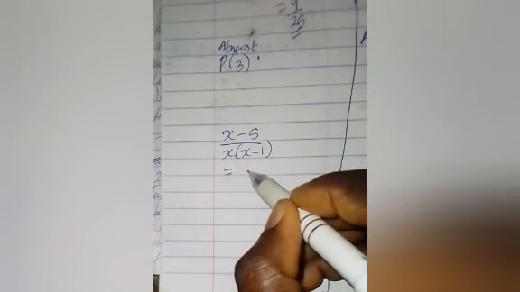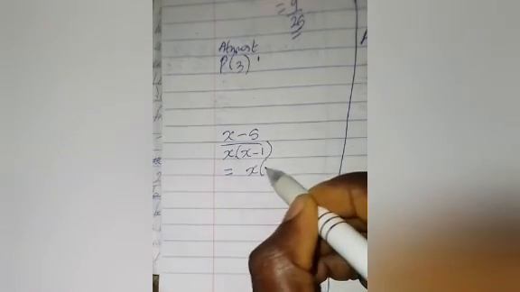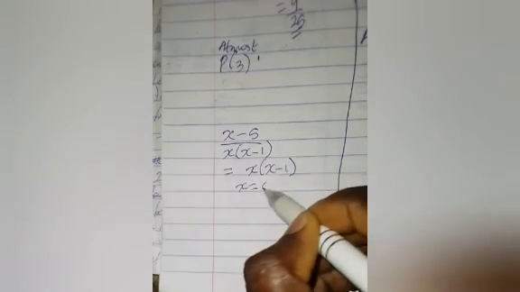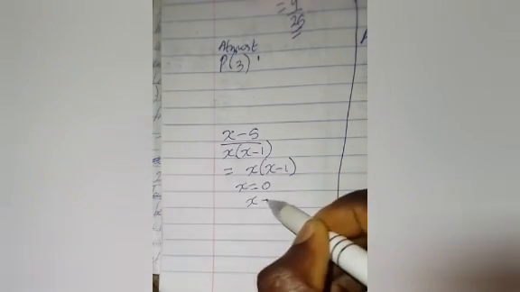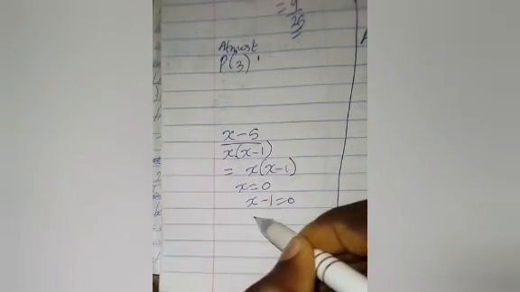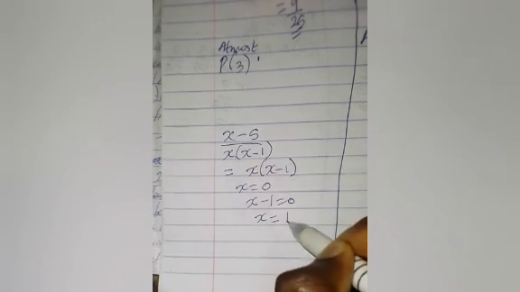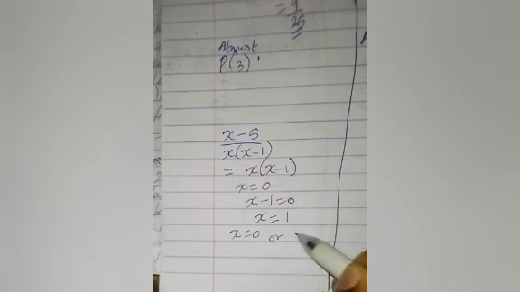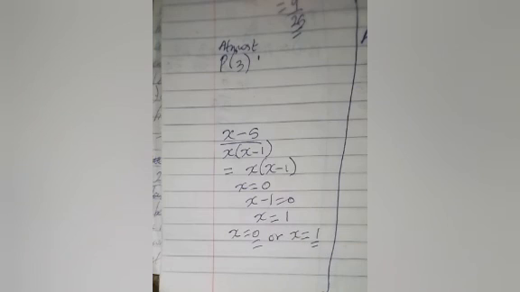So we tackle them. X is either 0 or x minus 1 is equal to 0, which means that x is equal to 1. So x is either 0 or 1. So this is the answer.